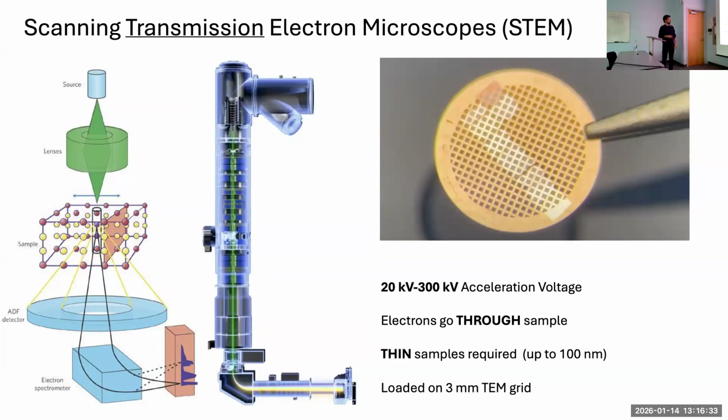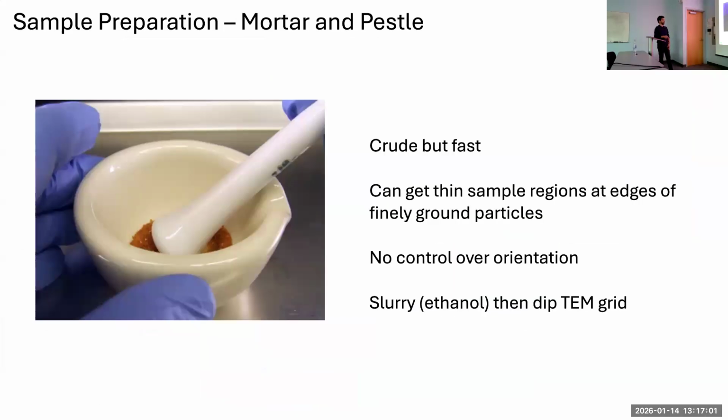Normally we operate in a regime between 20 kilovolts to 300 kilovolts acceleration voltage, and as I've said, the samples have to be thin, typically up to 100 nanometer thickness. For historical reasons, we put these samples on these 3 millimeter grids, which go on a holder and inside of the electron microscope. The holder and the sample go in the middle of the electron microscope column.